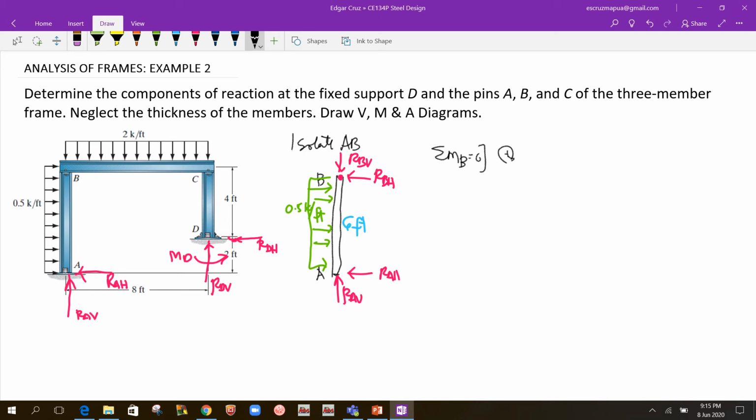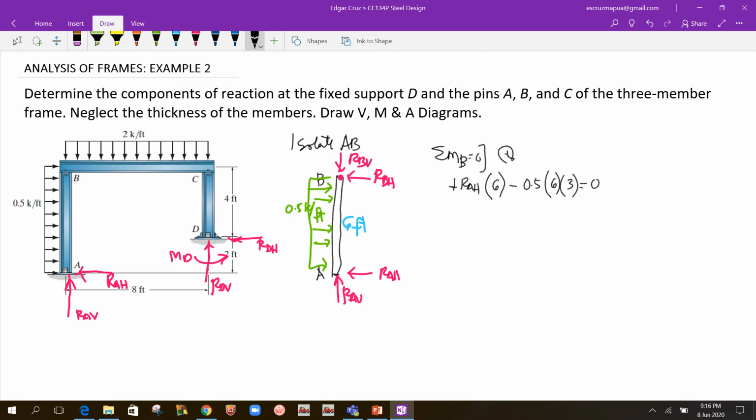RAV will also pass through point B, so it disappears, leaving RAH, which is positive since it causes a clockwise direction about B. The moment arm of RAH is 6 feet, then the uniform load is minus 0.5 times 6, the resultant, with a moment arm of 3, all equal to 0.